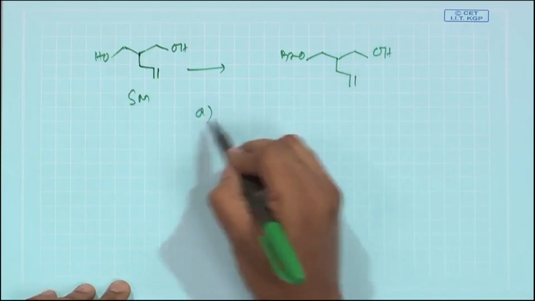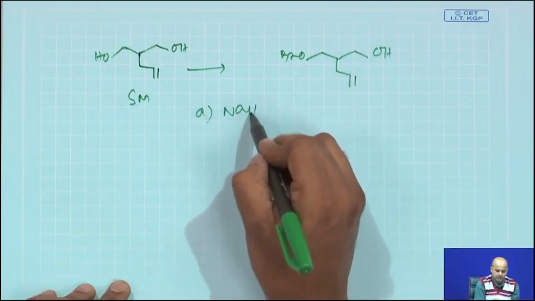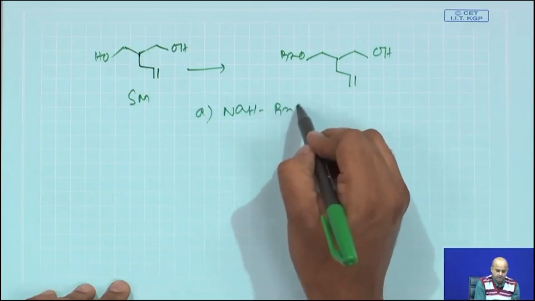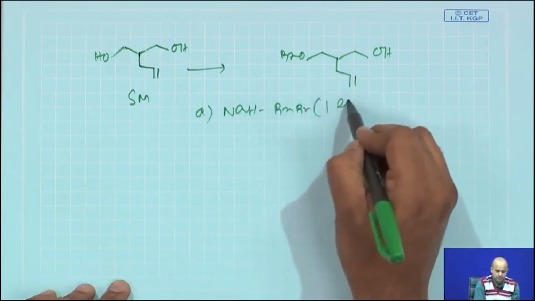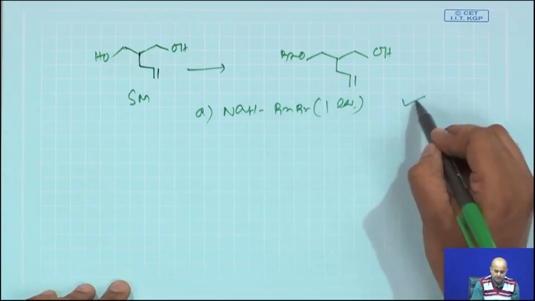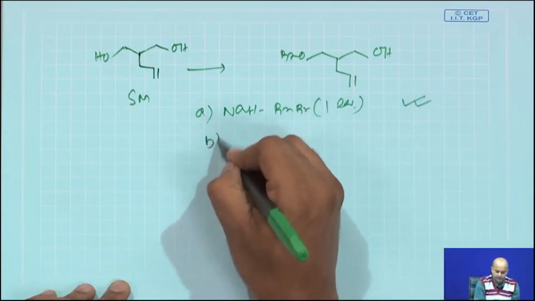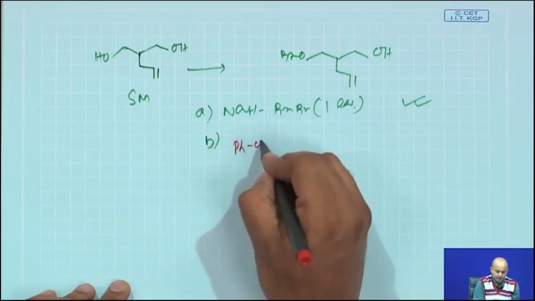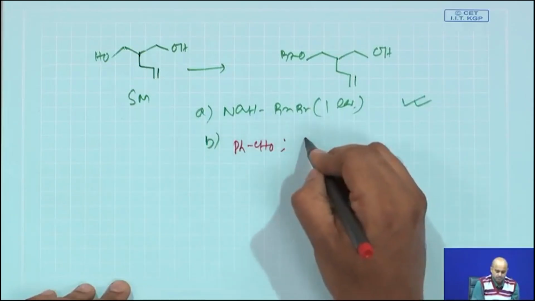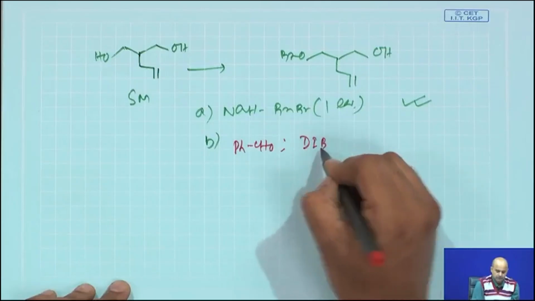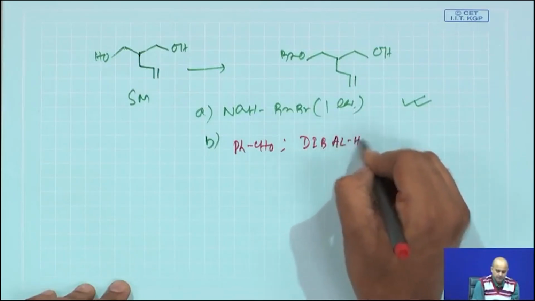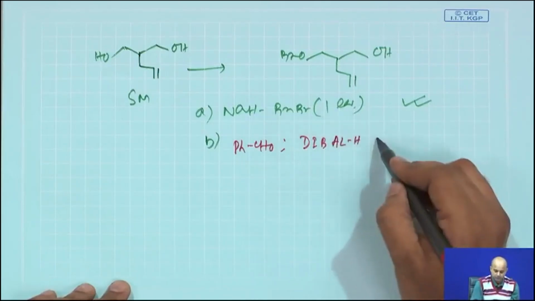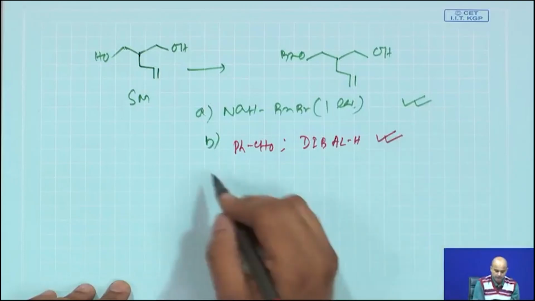I said it can be done by sodium hydride, benzyl bromide, one equivalent stoichiometric, it can be easily done. Next, I am saying that this one also can be done by making the corresponding benzylidene acetal followed by acetal cleavage or acetal opening through a reductive way by DIBAL. This is also very well feasible.